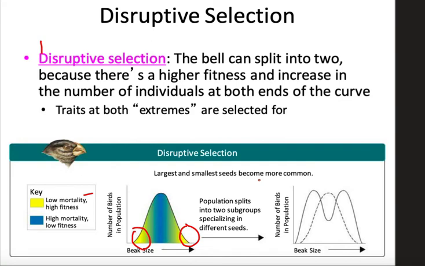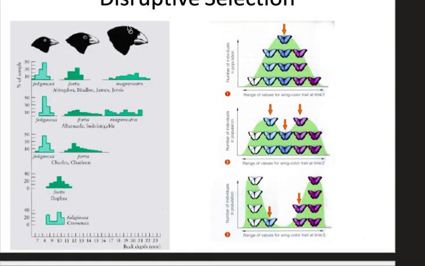And this is the easiest example of selection to think about actually producing a new species, because what can eventually happen here is that your curve can split into two curves. And so you get finches that are selected for small beaks and finches that are selected for really large beaks, and you lose out on finches with medium beaks. And so you can end up splitting a population into two separate populations, potentially making a new species.